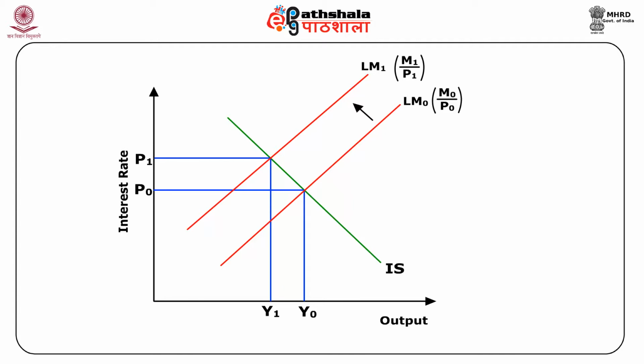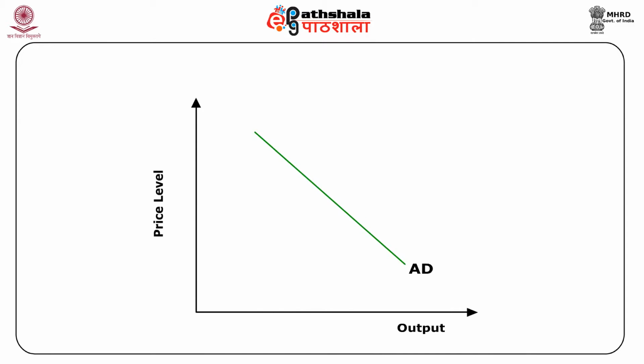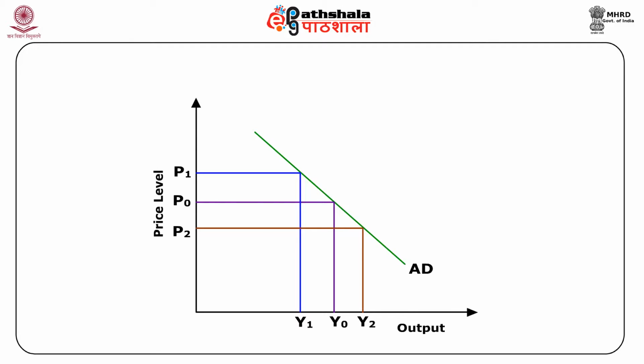Starting from P0, if the price level decreased to P2, we can represent these price and equilibrium output combinations P0, Y0, P1, Y1, P2, Y2 graphically with price measured along the vertical axis and output along the horizontal axis, like in this diagram.